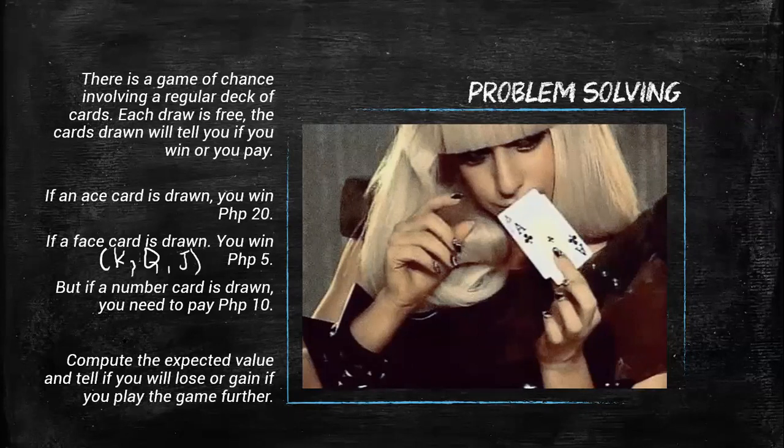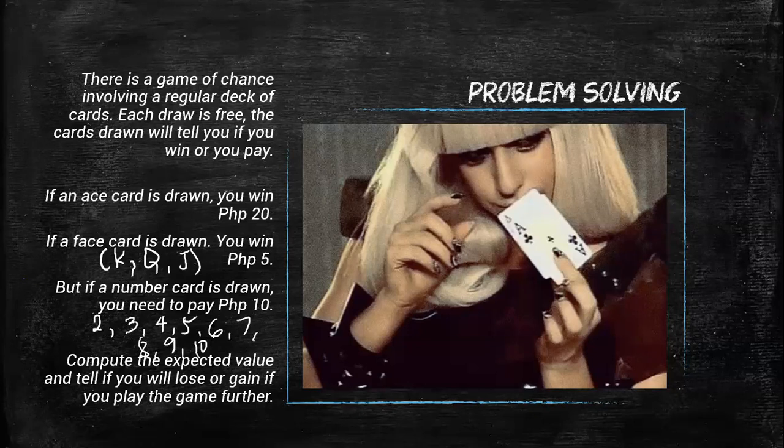Okay? But, if a number card is drawn, kapag number card yung nabunot mo, ang babayaran mo is 10 pesos. So, ano-ano yung mga number card na yon? 2, 3, 4, 5, 6, 7, 8, 9, 10. Diba? Pag nagbabaraha tayo, marunong tayo mag-Spanish.